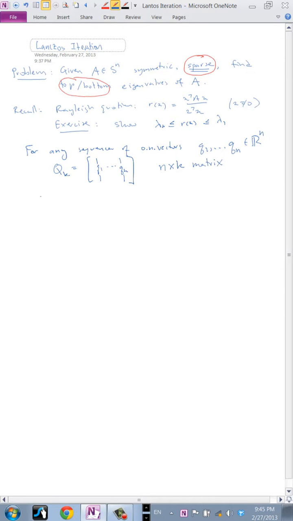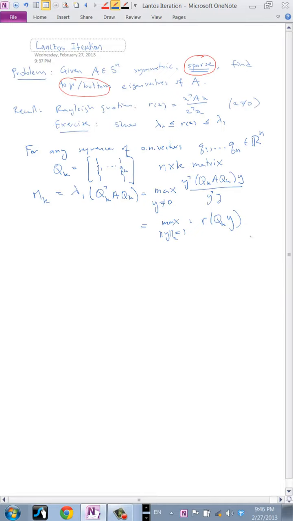And therefore, exactly as we did on the previous page, let's define capital MK to be the largest eigenvalue of QK transpose A QK, which is equal to the max over all y not equal to 0 of y transpose QK transpose A QK y divided by y transpose y, which we can equivalently write as the max over all y with unit Euclidean norm of R of QK y.